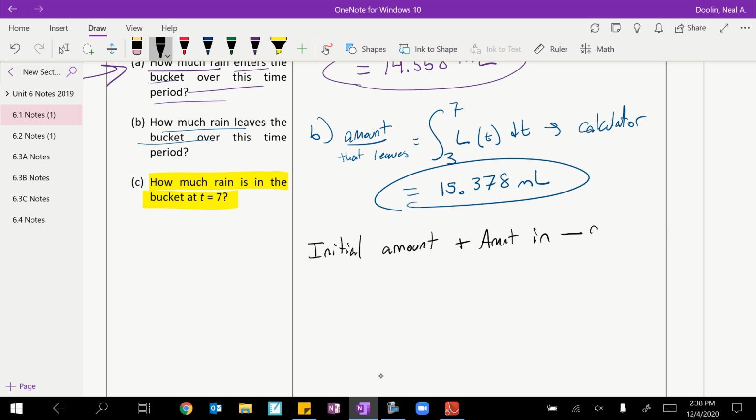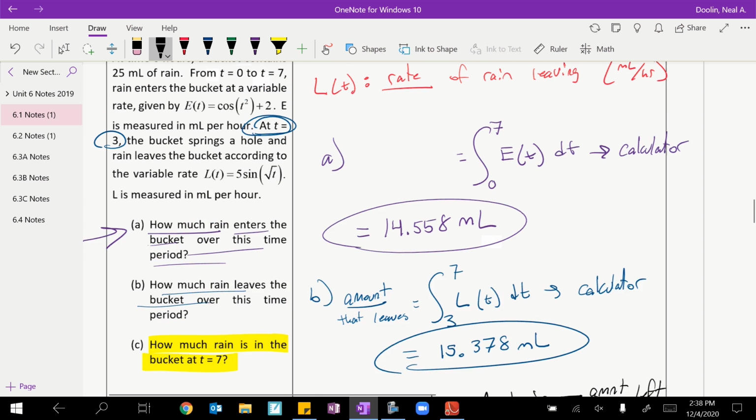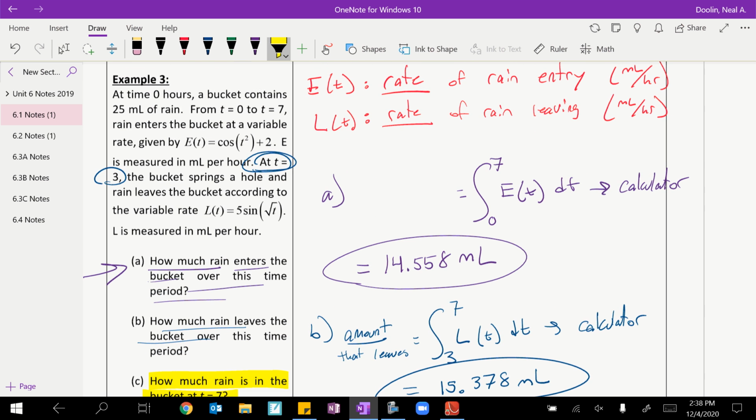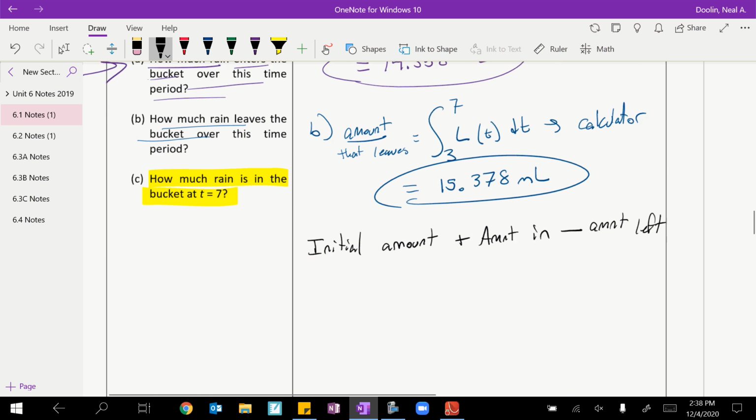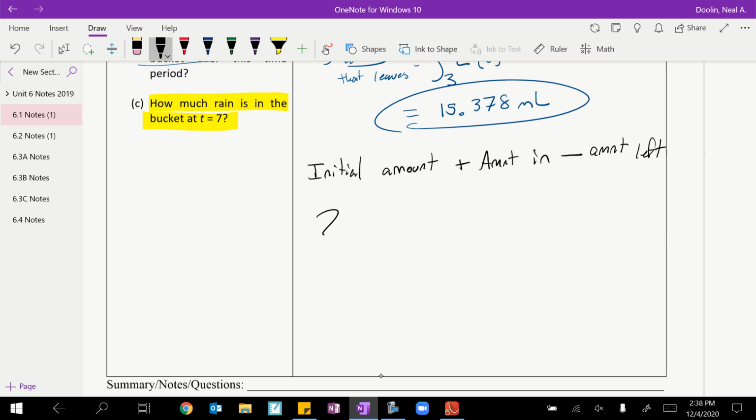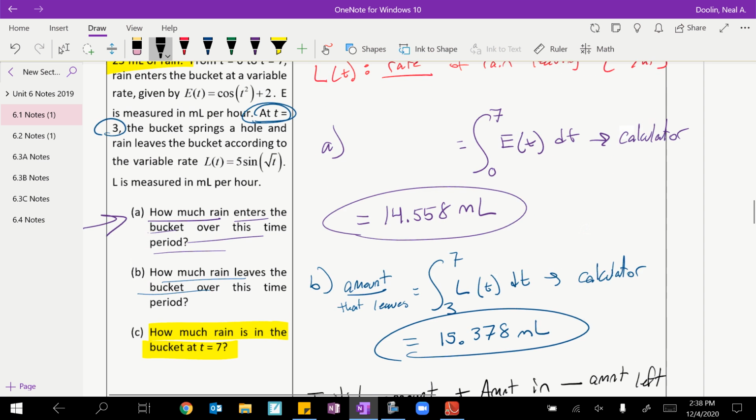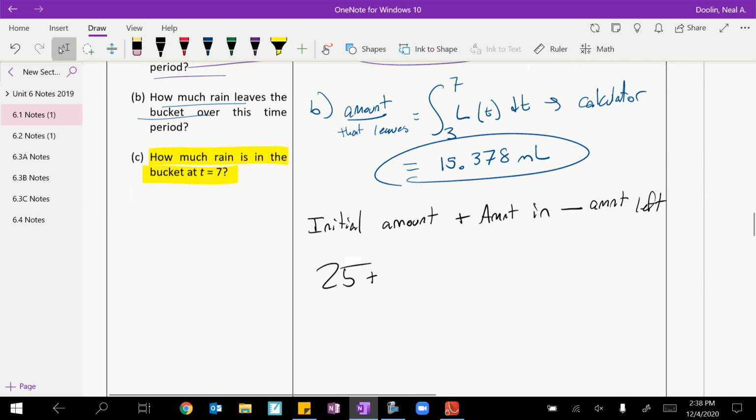So I'm going to come back to my problem. I do see an initial condition. Don't forget that. It's always like an automatic -1 if you forget that. So 25 plus, we already did the integrals up here, so you could just say plus the 14 point whatever, minus 15 point whatever. If you hadn't done that yet, typically AP doesn't separate it all out. Part C might be the only question you get here.